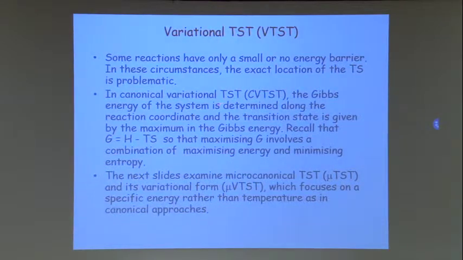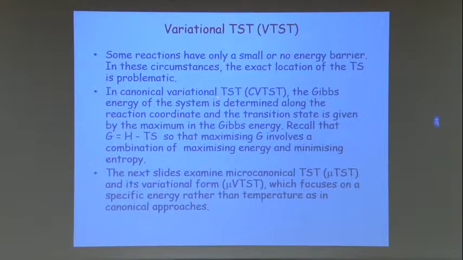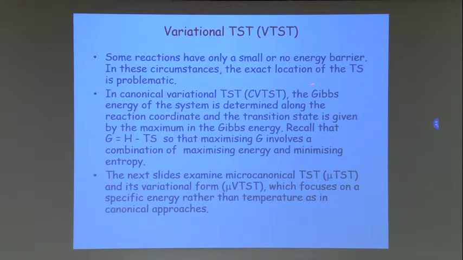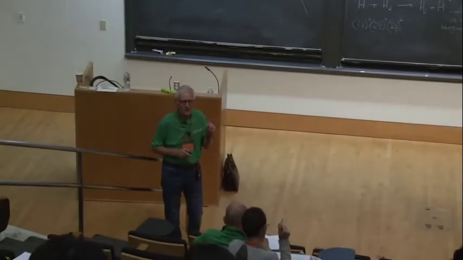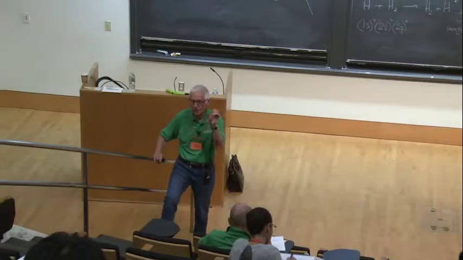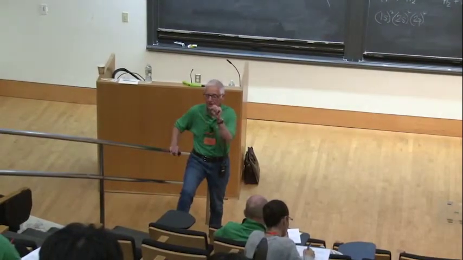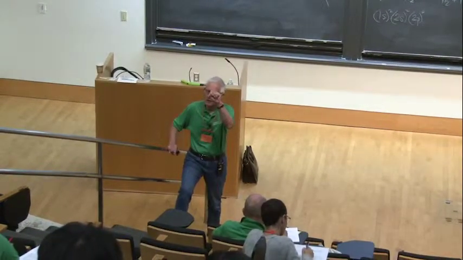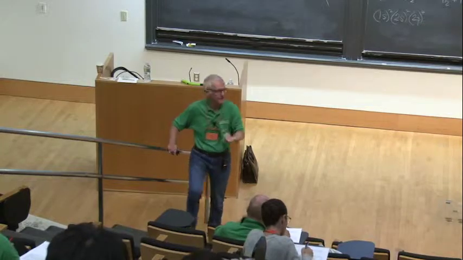So some reactions have only a small or no energy barrier. And in these circumstances, the exact location of the transition state is problematic. In canonical variational transition state theory, what you do is you maximize the Gibbs energy to find the transition state. So the transition state is going to be the bottleneck for the reaction, and the bottleneck is going to occur where we have the maximum Gibbs energy.